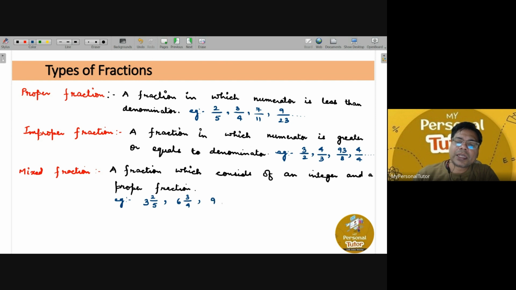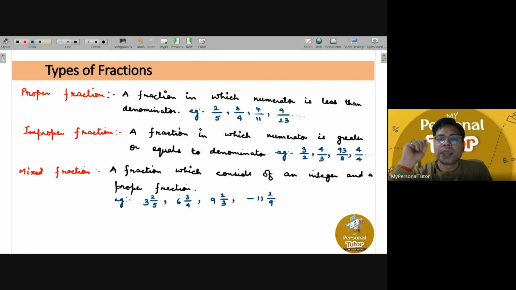Suppose if I take 9 2/3. This is a mixed fraction. Even you can take negative integers here. For example, -11 2/9. Nothing but a mixed fraction. Okay. So I hope you understand the meaning of mixed fraction. Any confusion? Proper fractions, improper fractions, mixed fraction?